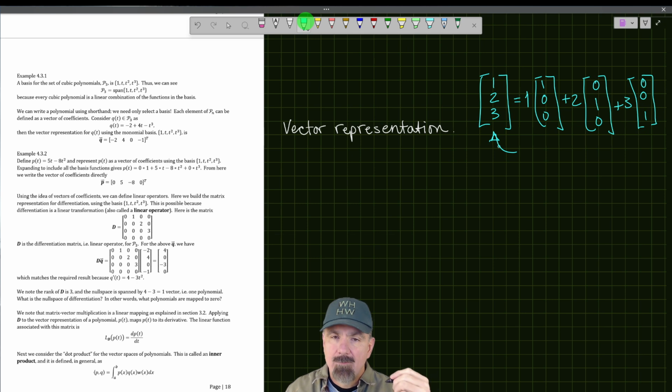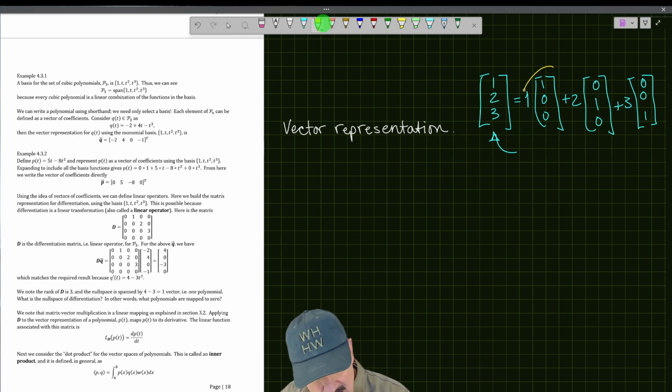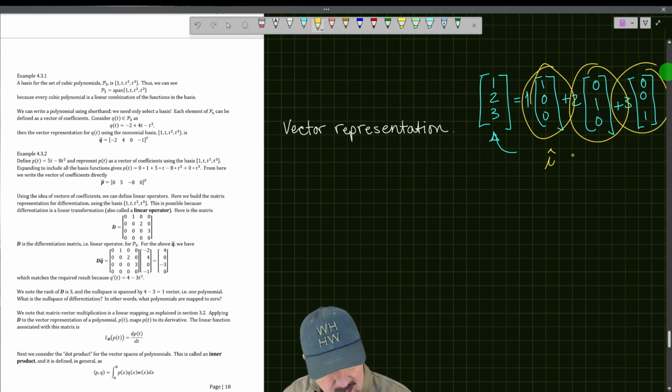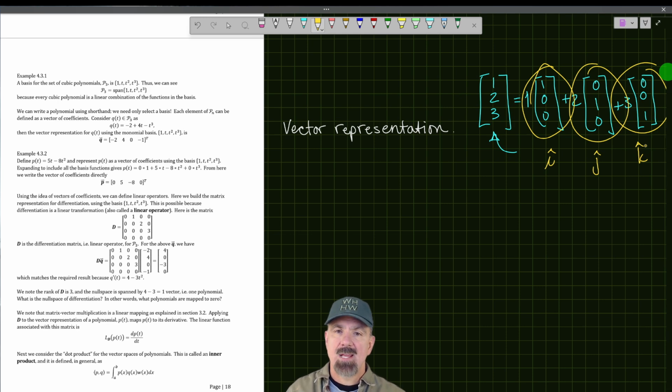What's required for us to represent the vector as a set of coefficients is a basis. We have to have a basis, which in this case is the standard basis. This is just i hat, j hat, and k hat. But what if we had a different basis? As we talked about previously, we can pick any three linearly independent vectors from R3 and we'll have a basis for R3.